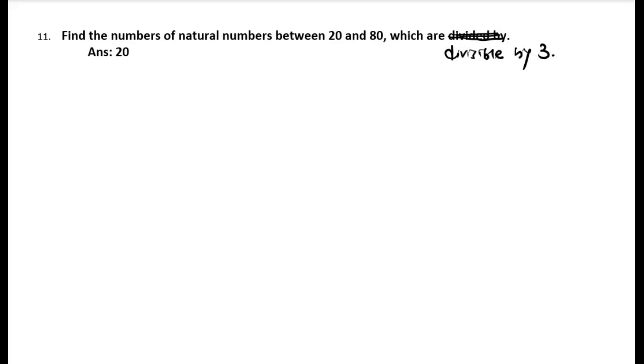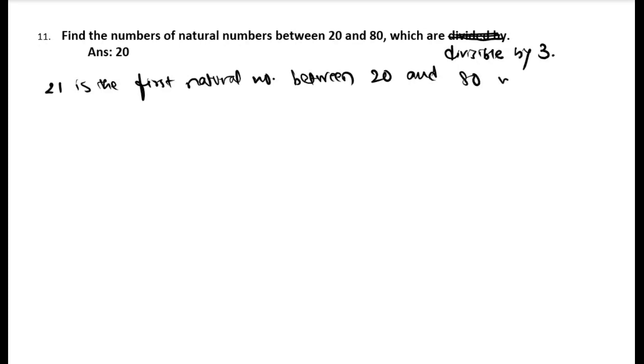So 21. 21 is the first natural number between 20 and 80 which is divisible by 3.